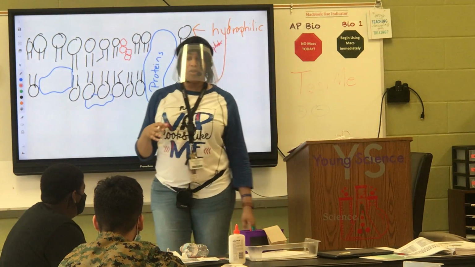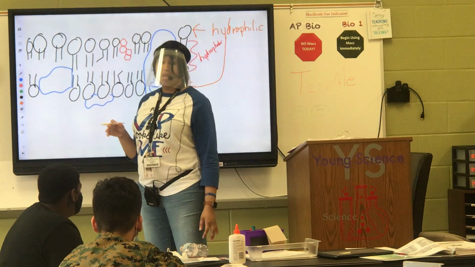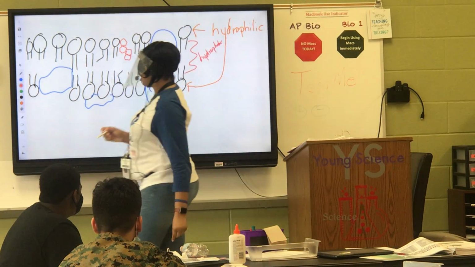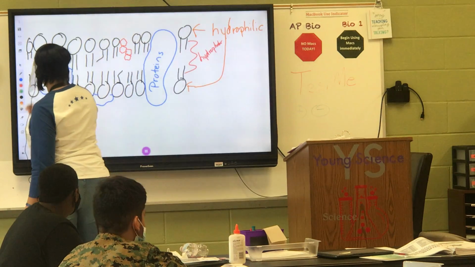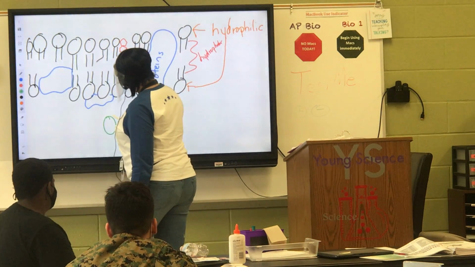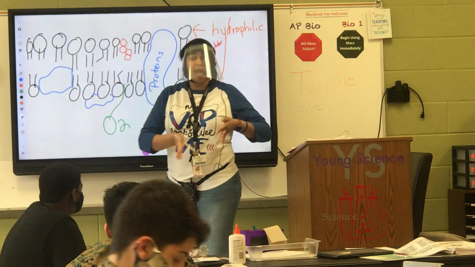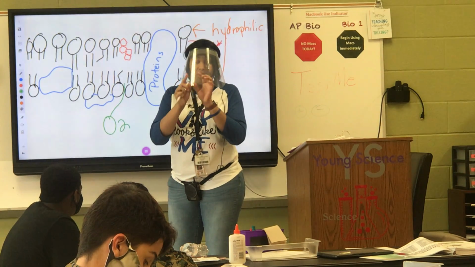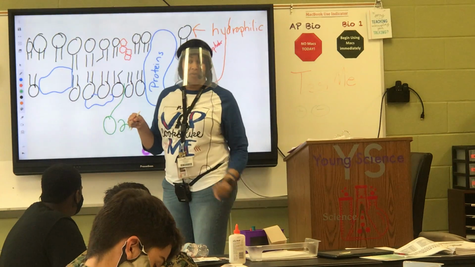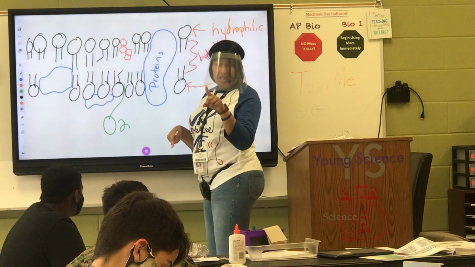Now, here's the thing. In order to simply cross the membrane, something has to be both small and hydrophobic. So, a compound that is small and hydrophobic, something such as oxygen, is able to sneak between the cracks in the heads. That's why the heads need to be able to move. That fluidity allows little spaces in between the heads. So it has to be small enough to sneak between the cracks because that area is hydrophilic.